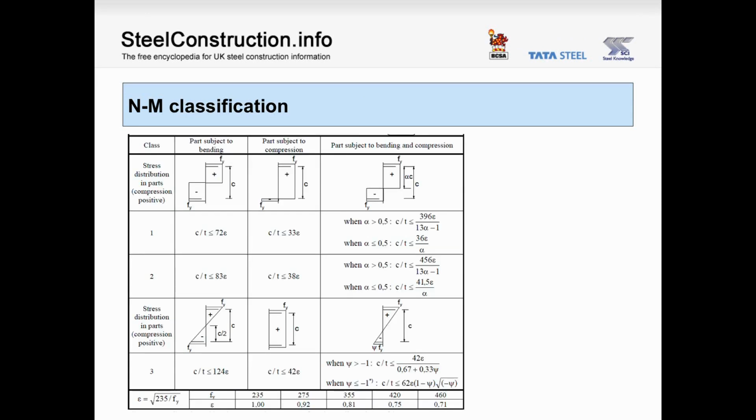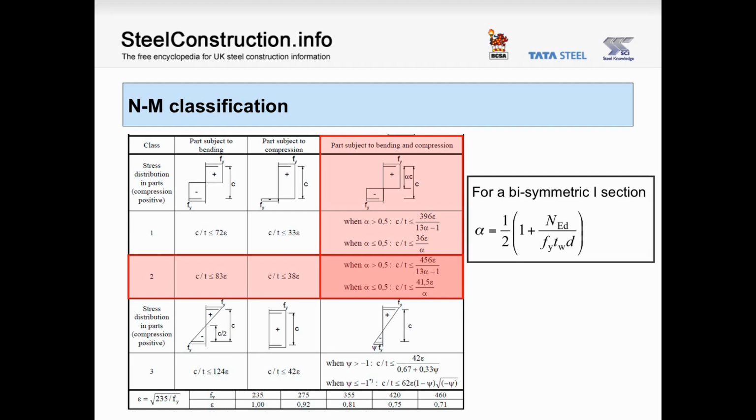So for elements subject both to bending and compression, and here we are considering the web, highlighted is the limit for a class 2 section. And you'll see that this depends on the value of alpha.